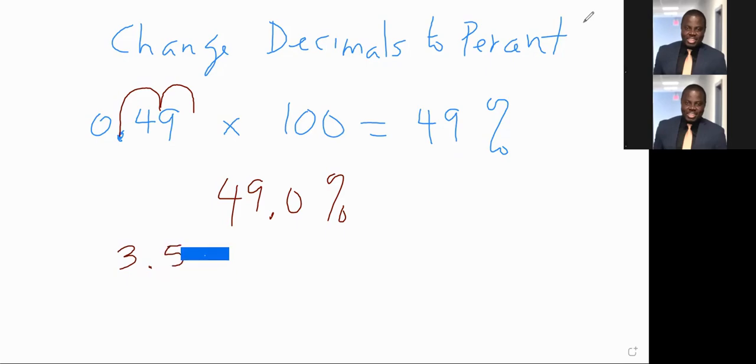So I've got, let's say, 3.57. Let's change it to percent. Either you multiply by 100 or you just move the point 2 times to the right. 1, 2, which gives me 357%.